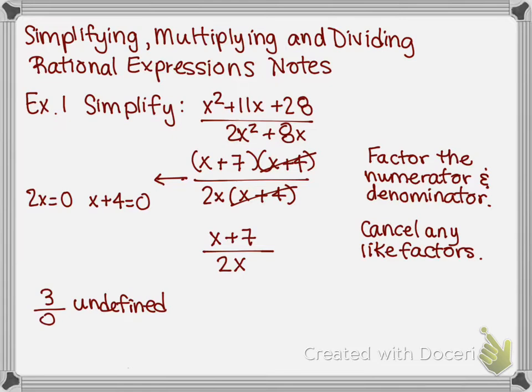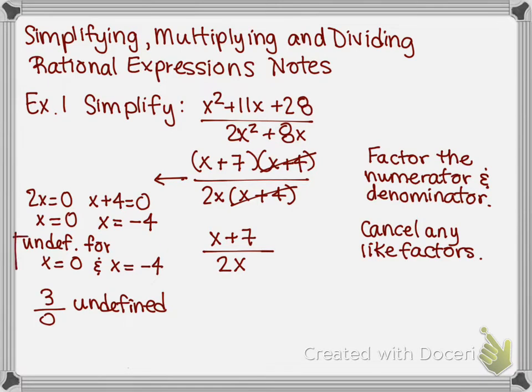So let's solve this. If I solve this for x by dividing by 2, I get x equals 0. Solving here for x, I get x equals negative 4. So this expression is undefined for x equals 0 and x equals negative 4.